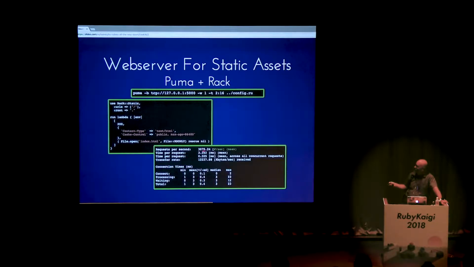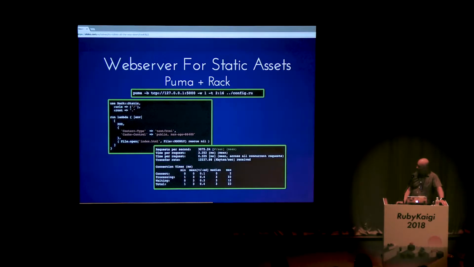It's a little bit faster than WEBrick. And Puma has the advantage of you being able to fine-tune workers and threads, and so if you're running it on a larger system, you can fine-tune what it does more than you can with WEBrick and probably get better performance out of it.